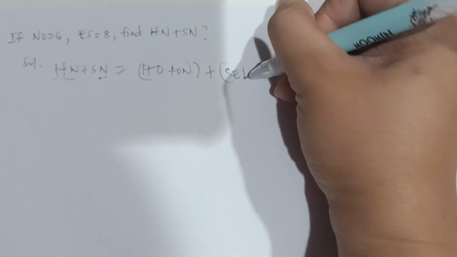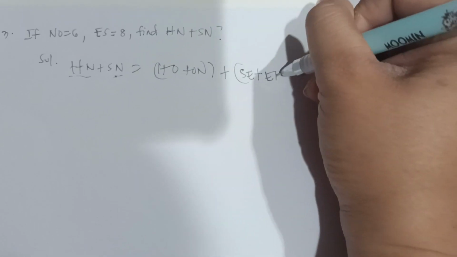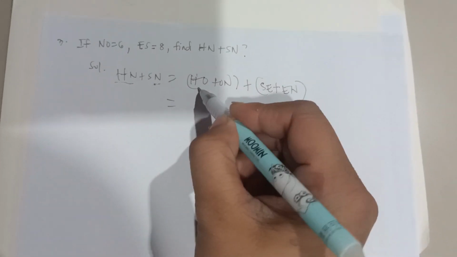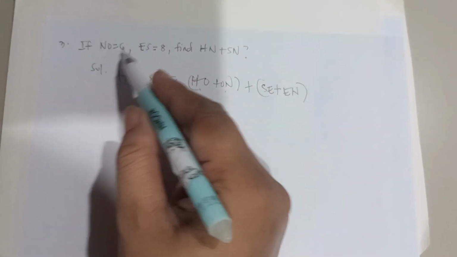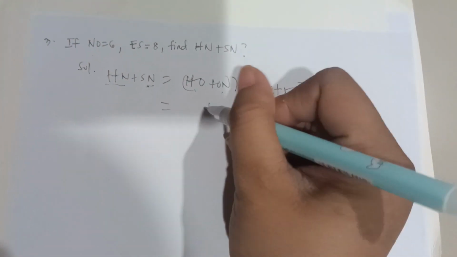Here, the HO is not given, but the ON, or NO, is given, which is 6.